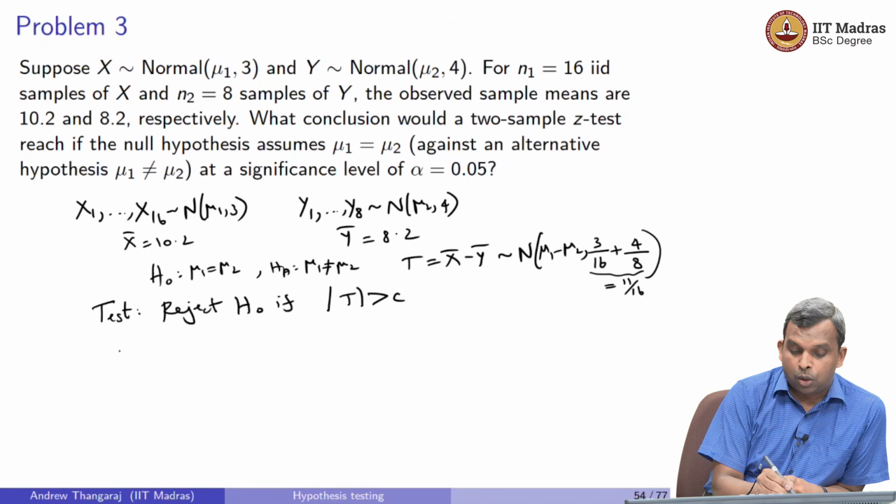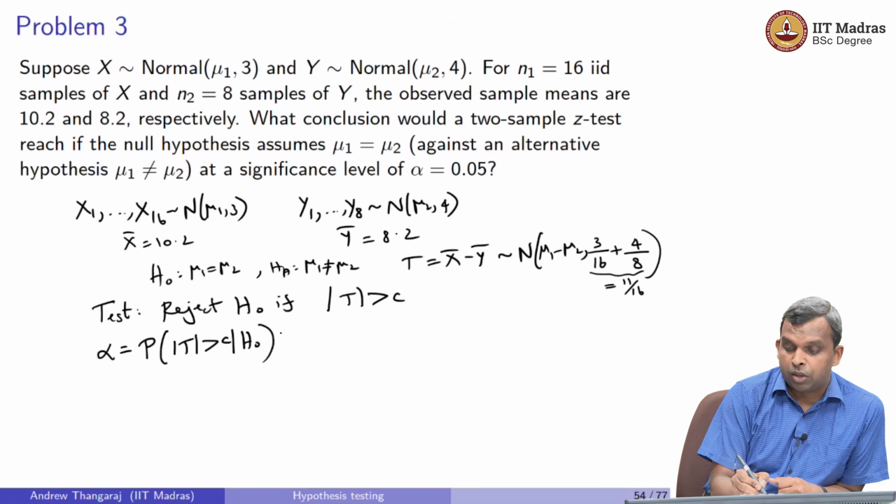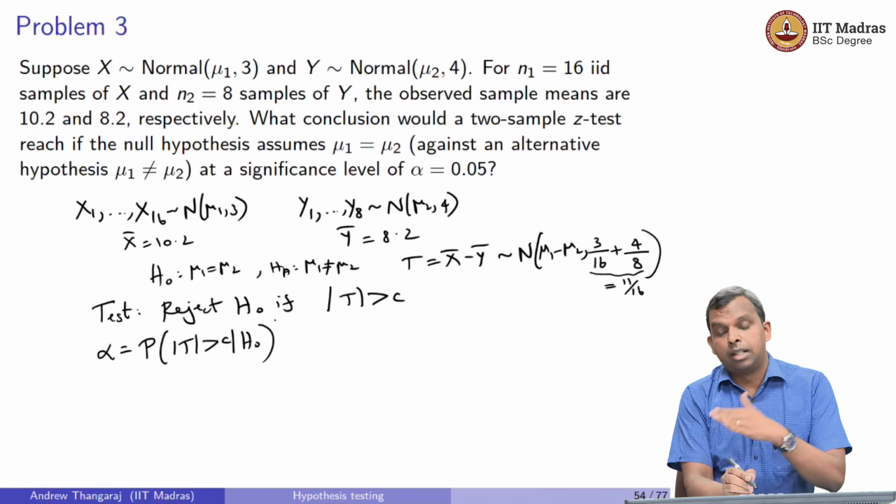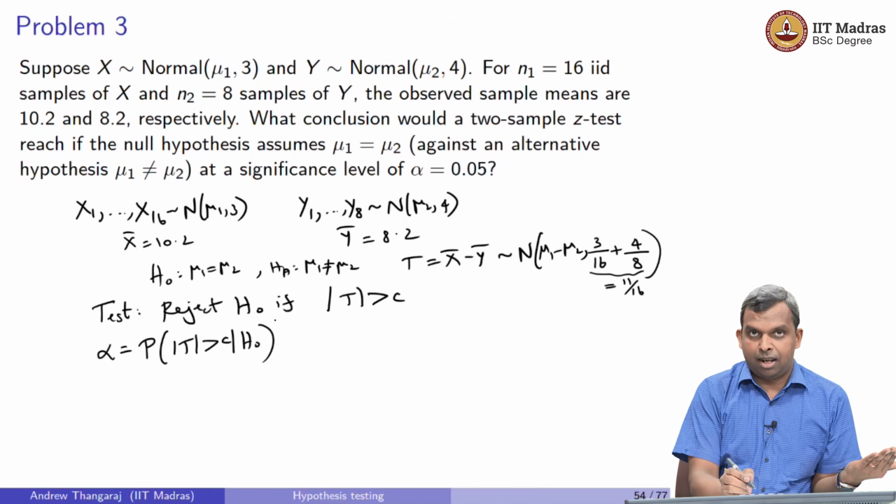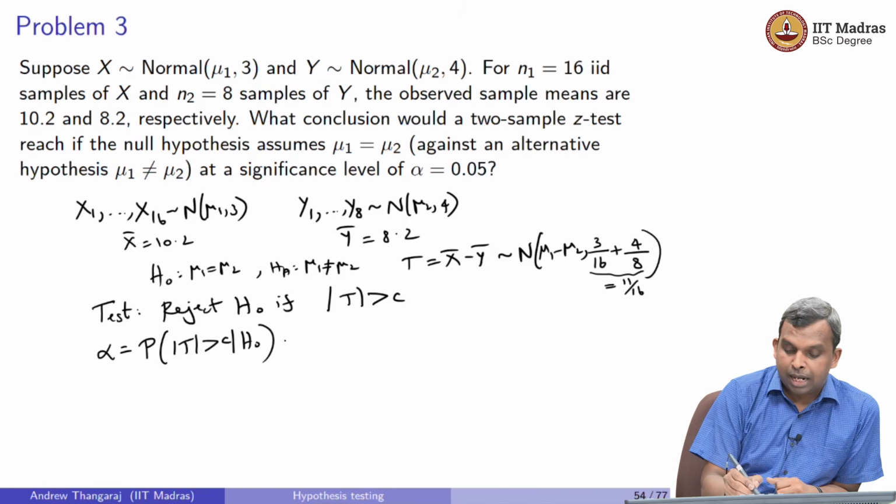Okay, so now t itself is normal, so alpha is the probability that mod t is greater than c given h naught. So given h naught, the mean becomes 0 and variance 11 by 16, and mod t greater than c is the same as t being greater than c or t being less than minus c. So that is basically, let's do the adjustment here.